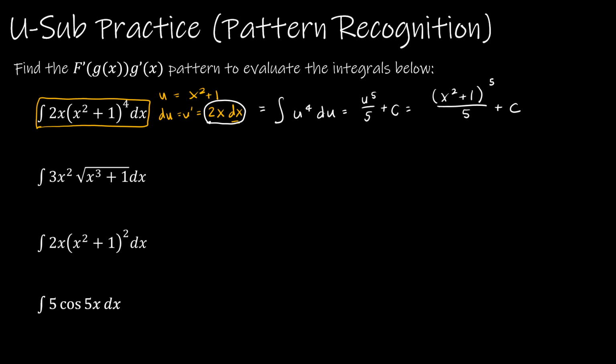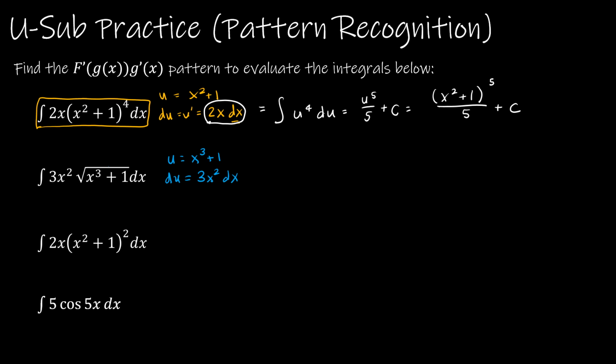All right, let's take a look at the next one. Again, these are all straightforward, so we're not going to have to make the pattern fit. It's already going to fit. This is going to be u. U is inside. That's the x squared plus 1, because that is also a function that is being taken the square root of. So it's a composite function. And then du is the derivative of that, which is 3x squared dx.